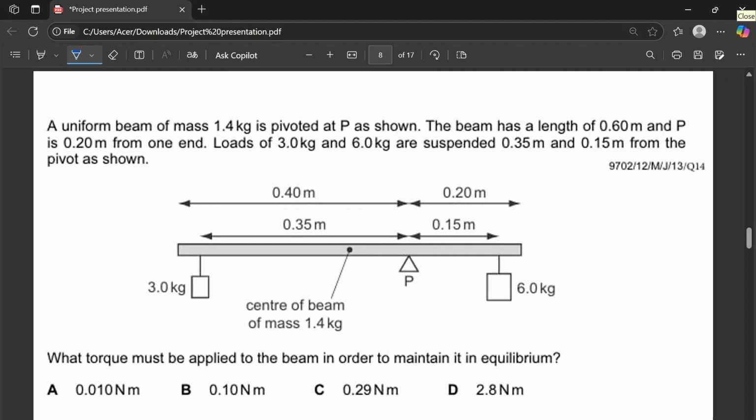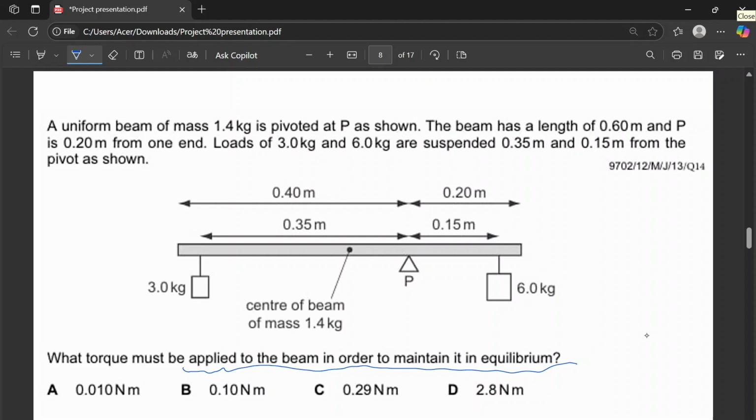So they are asking for the force to be applied in order to maintain the equilibrium. From that we can conclude that the beam is not in equilibrium. After we use our formula of the principle of moments, we can find out how much force we need to apply so we can make the object be in equilibrium.